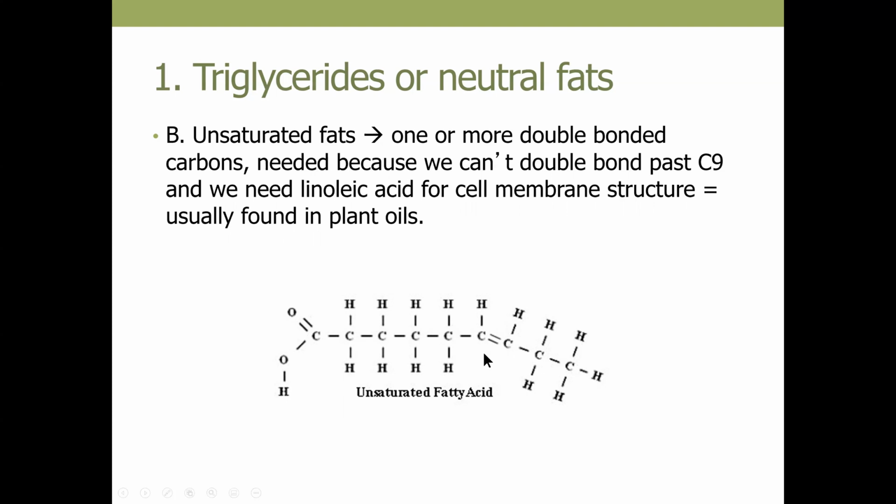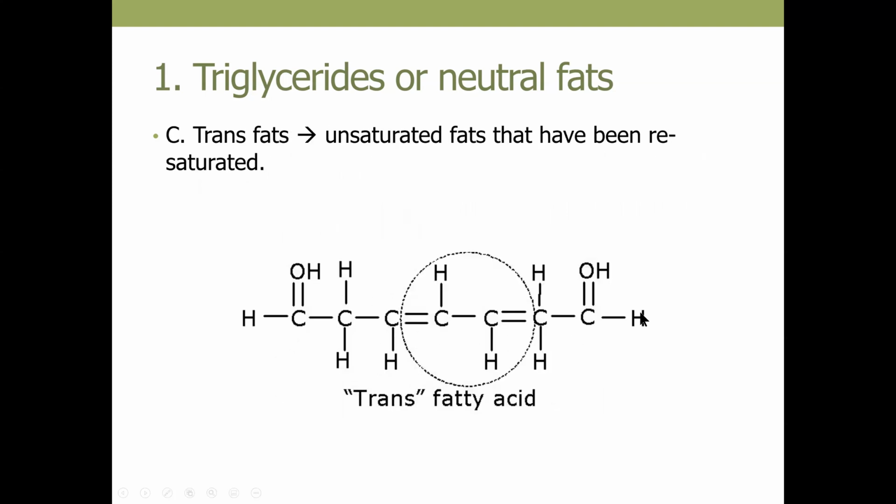Before, we had 2 hydrogens attached to every one of these carbons. Now, where the carbon-carbon double bond is, we only have 1 hydrogen attached. That makes it unsaturated. These are your vegetable oils. They are liquid at room temperature. Currently, these are your good oils.